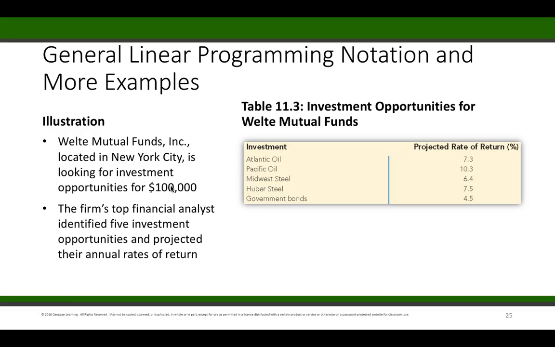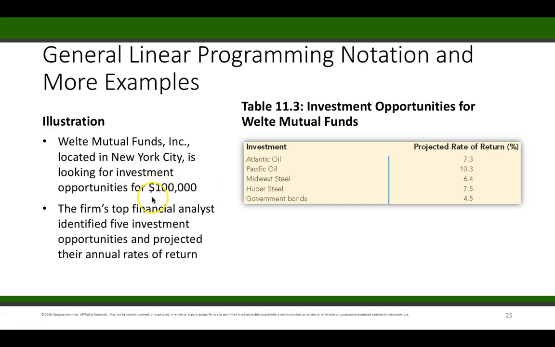Or you can look at your decisions as the percentage of the total investment that goes into each of these different investments. So I can say that 30% of my investment should be in the first one, 20% in the second one, and 15% in the third one, or something like that. So you can either look at it as percentages or as the actual dollar amount that you invest. Either way is okay, just that the constraints will look slightly different.